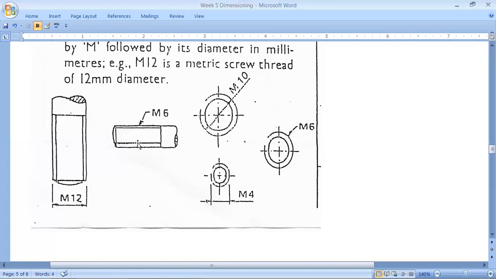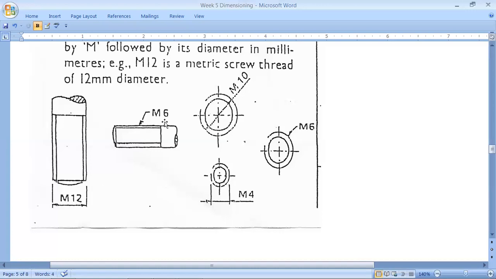For instance, for diameter 12, the pitch is 1.75. Diameter 10, the pitch is 1.5. Diameter 8, the pitch is 1.25. Diameter 6, the pitch is 1, and so on like this. Each diameter will have a standard pitch. That's why it's not placed beside the number.